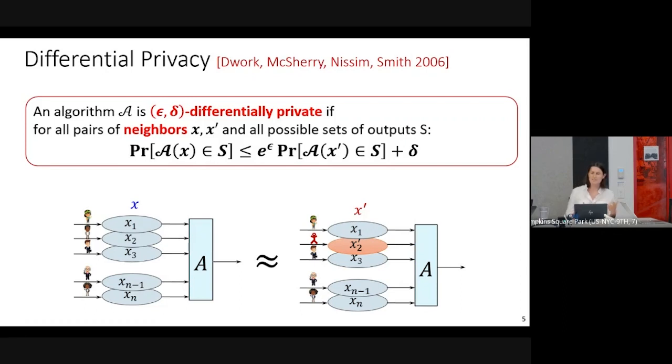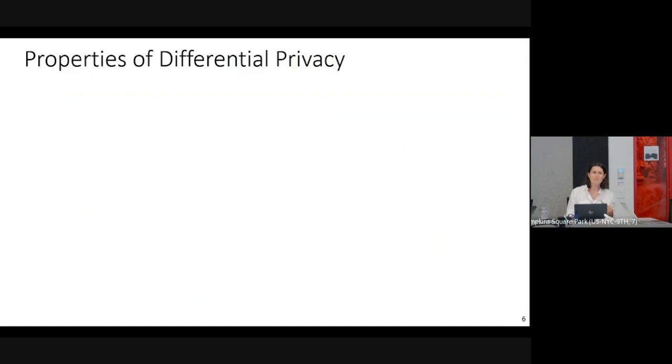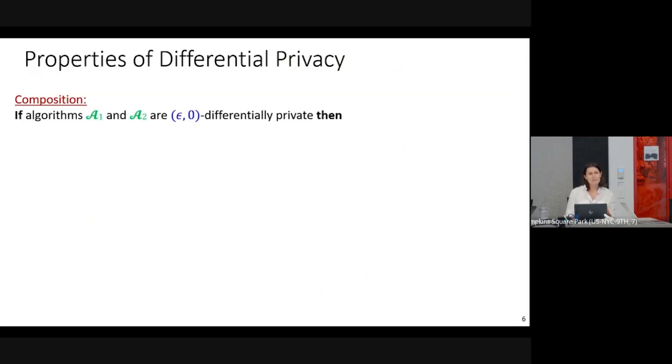All right, so differential privacy is this great notion that has lots of useful properties that we can use to analyze algorithms. So one is composition. If you have two algorithms that are each epsilon 0 differentially private, then their composition, running both of them on the same data set, gives you 2 epsilon 0 differential privacy.